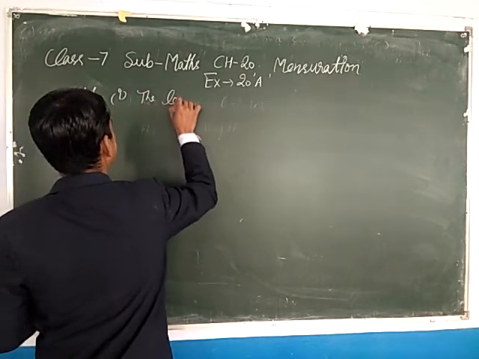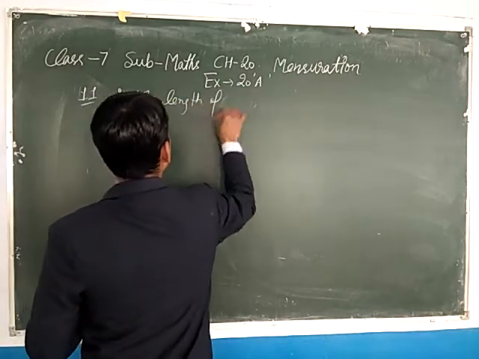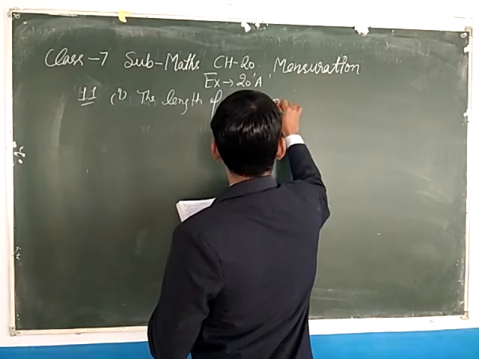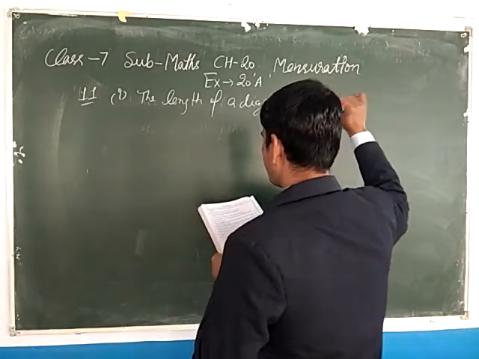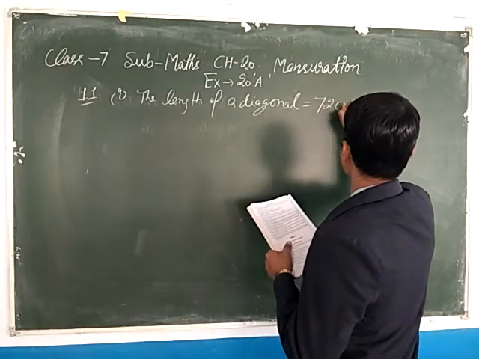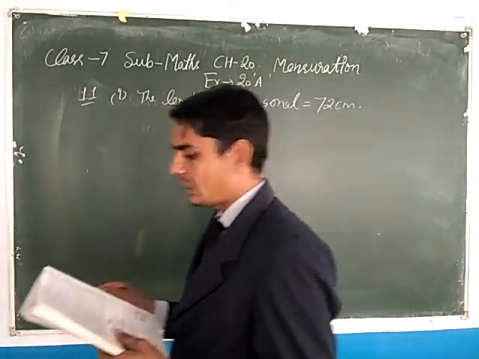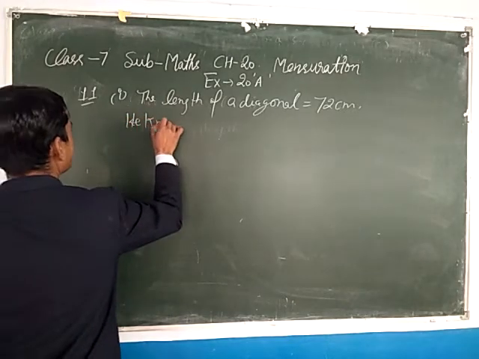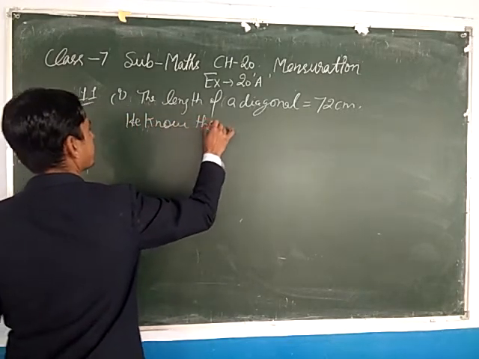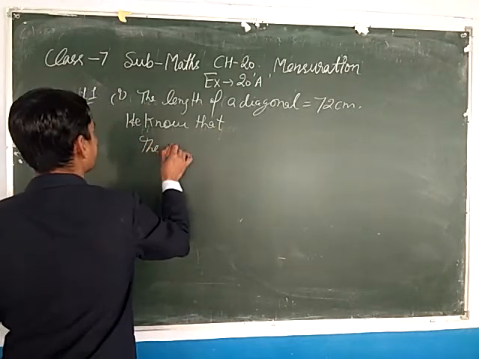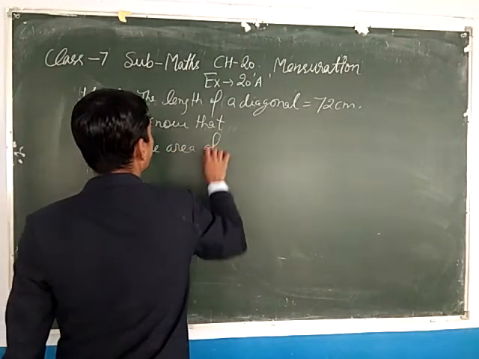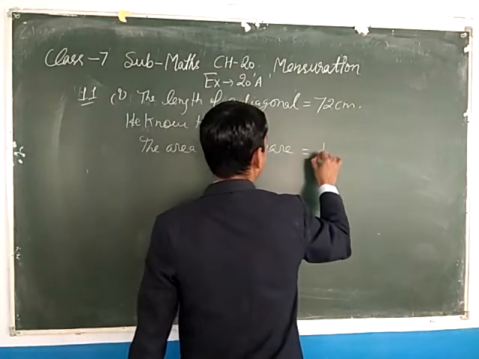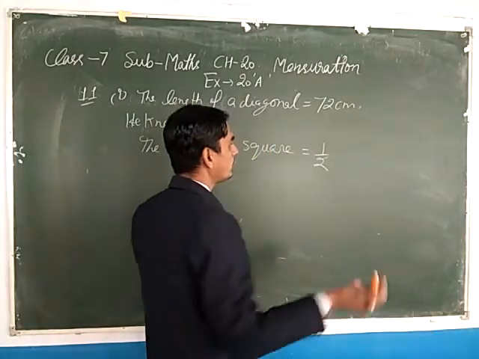The length of a diagonal is how much? 72 centimeter. You know very well, first of all, we know that the area of a square equals to 1/2 product of diagonals.